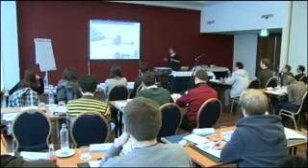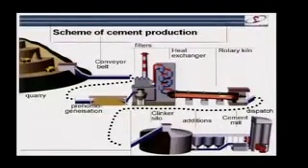If you build a cement plant, the cost means that you've got to be operating that cement plant typically 20 or 30 years before you earn back the money. And that means you've got to make very sure that you've got enough limestone to keep supplying that factory. So the quarry is really very important.